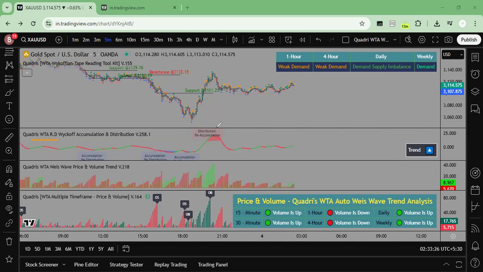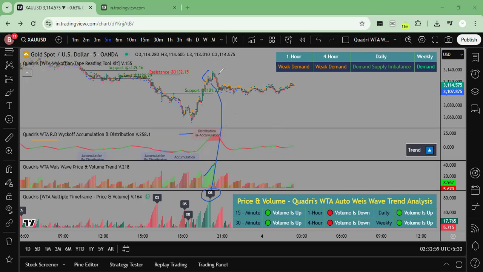So once I get this confirmation, then I drop down to wise wave price and volume and multiple time frame price wise wave. My wise wave and multiple time frame are telling me overbought, and we are overbought at a position where the distribution is about to kick in.